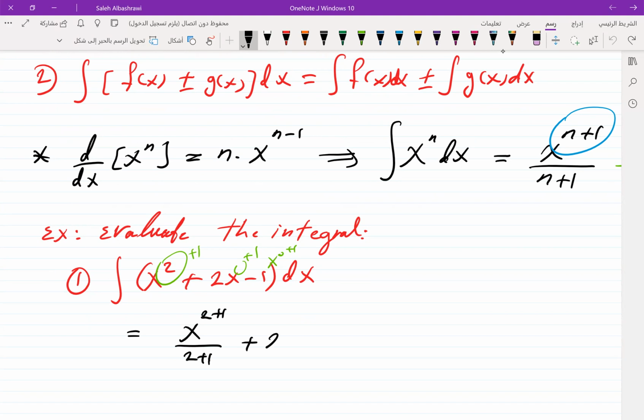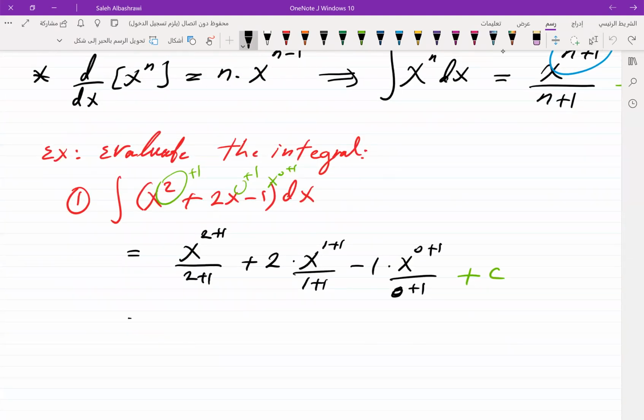Plus 2 multiplied by x to power 1 plus 1 divided by 1 plus 1. Minus 1 multiplied by x to power 0 plus 1 divided by 0 plus 1. Plus some constant c, because this is indefinite. So the integration is equal to x to power 3 divided by 3 plus 2 multiplied by x squared divided by 2 minus x plus constant c.